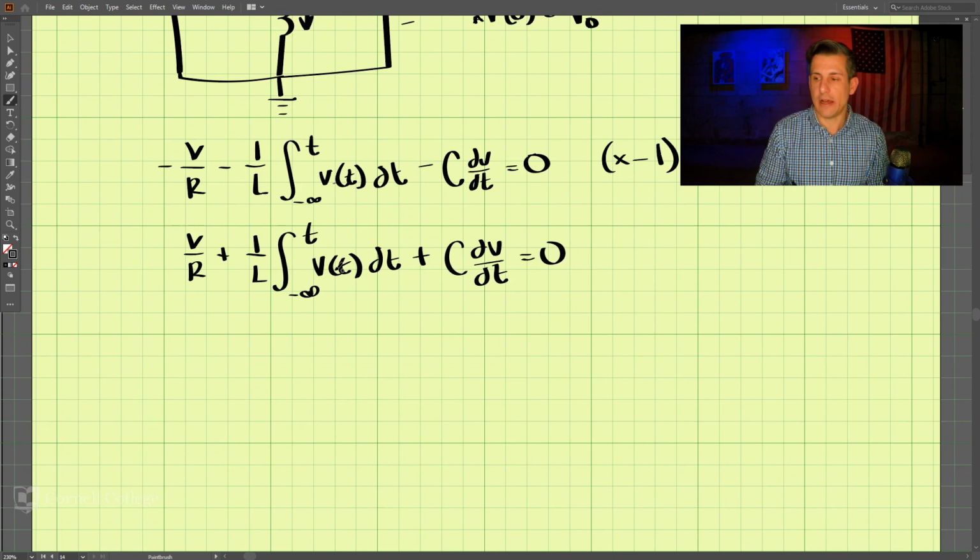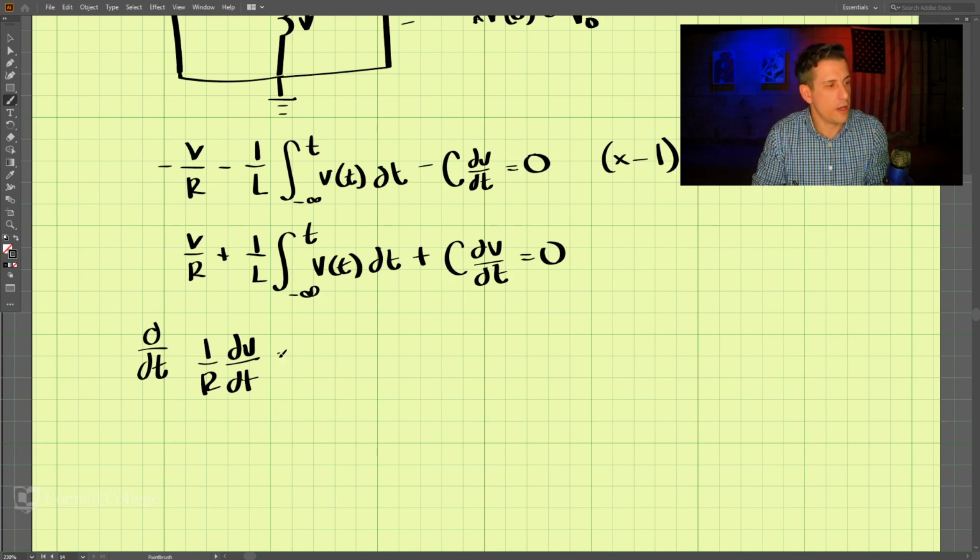Now, by doing this, we can differentiate this equation with respect to t. So by doing that, we get dV dt times 1 over R right here.